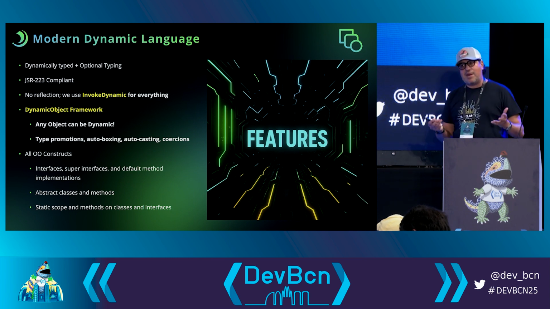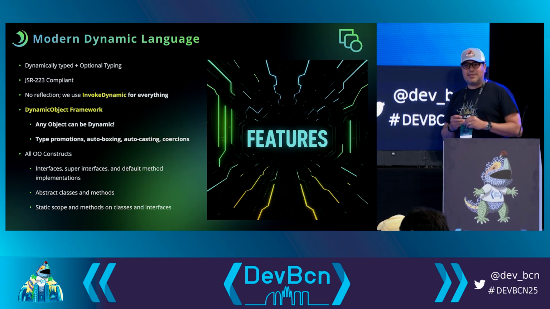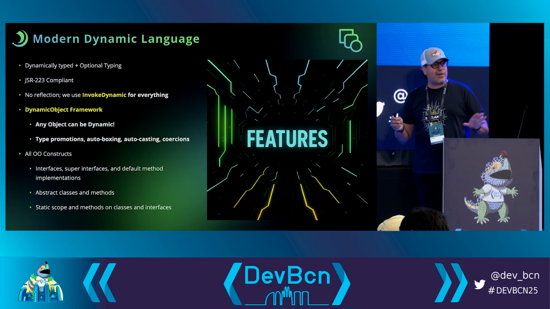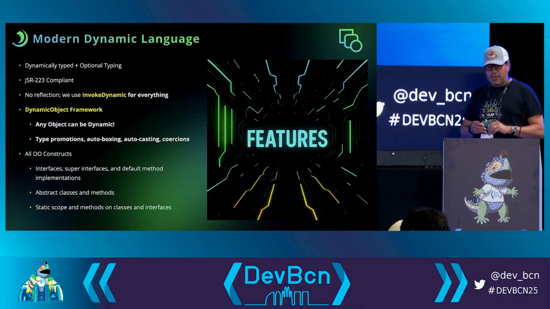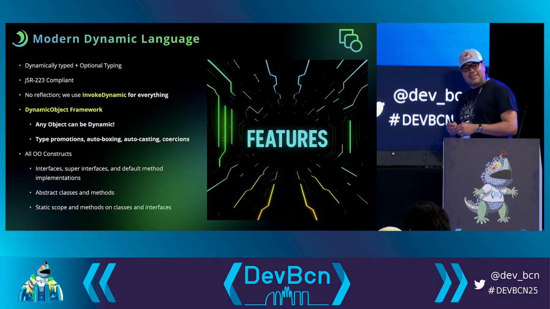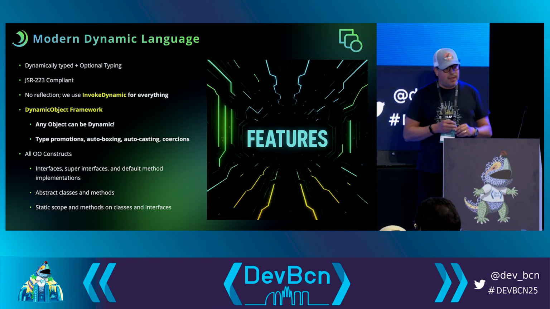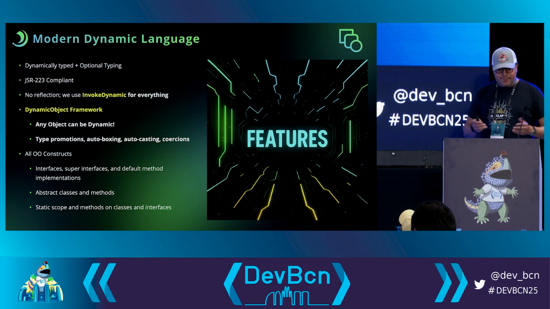We actually created a framework called the Dynamic Object Framework that will probably be released as a separate thing. And this allows any object, no matter where it comes from, to become dynamic. That means that it can do type promotions, it can do auto-boxing, auto-casting, type coercions, everything out of the box for you. All the OO constructs are available to you as well.